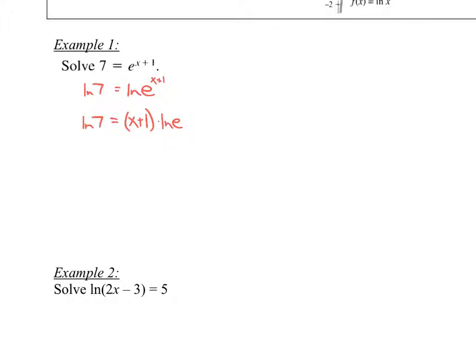However you think through that, you'll get the same result: this side is just x plus 1. So now x is negative 1 plus ln of 7. And that's as simple as we can make it without a calculator or a table of ln's.